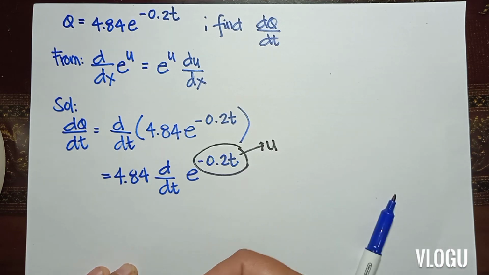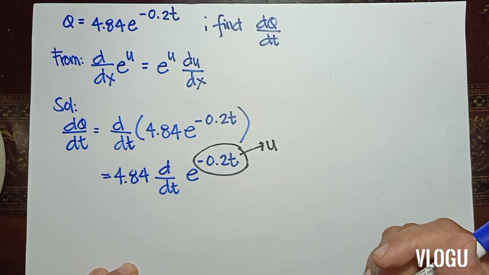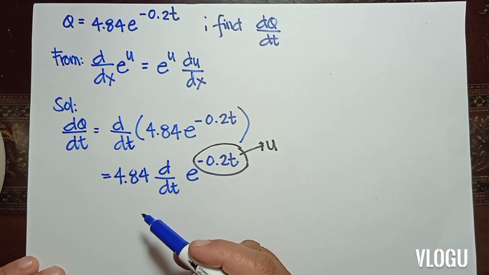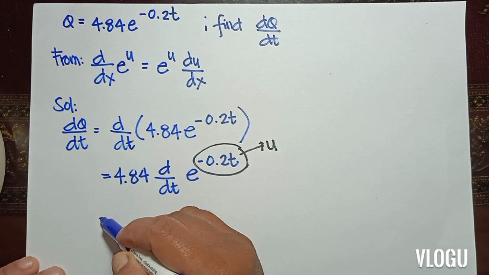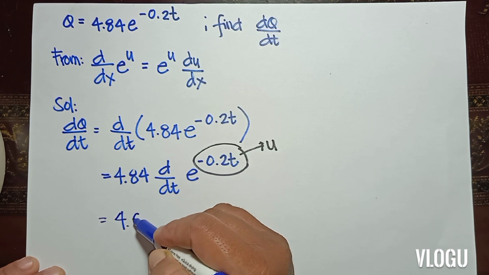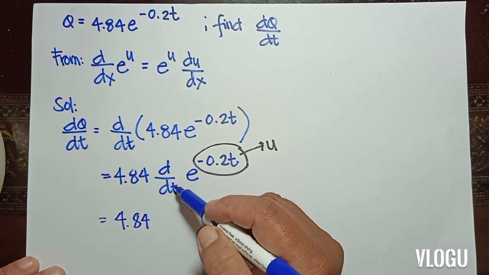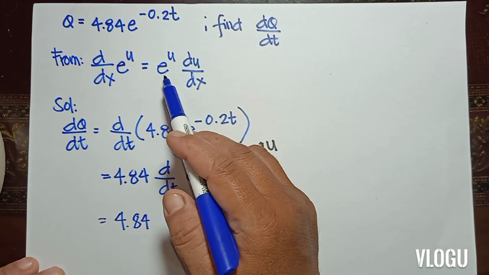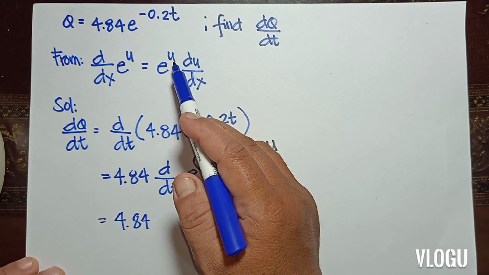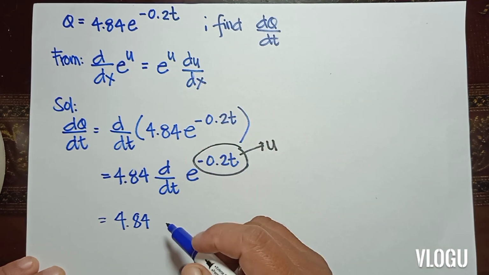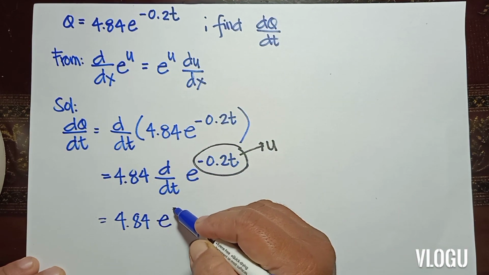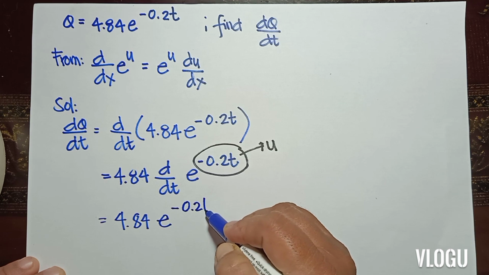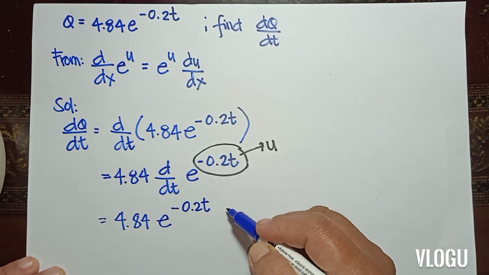Our u is negative 0.2t. Therefore, from the formula, we have 4.84 times the derivative of e to the u. The formula states that we have e to the u du dx. So we will have e to the negative 0.2t, e to the u.